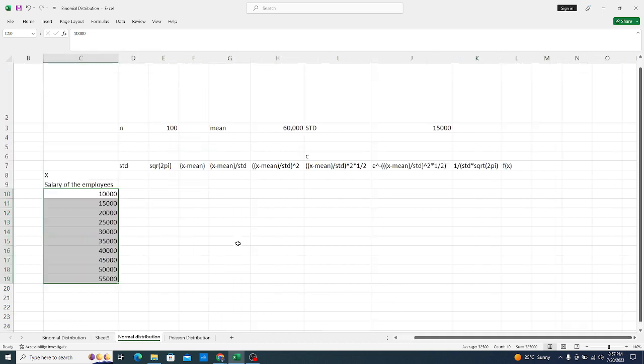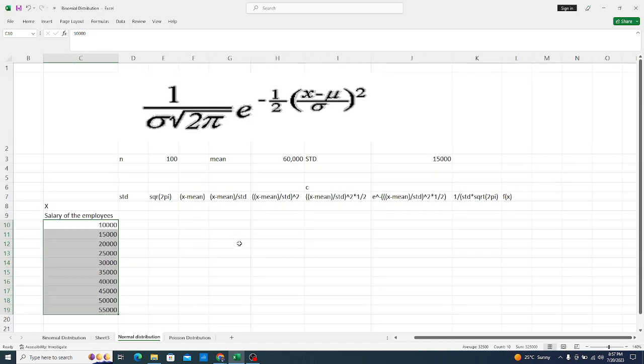Good. Now, when calculating the probability of a normal distribution, we will need the mean and the standard deviation.